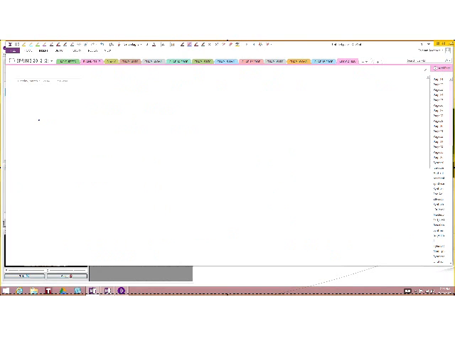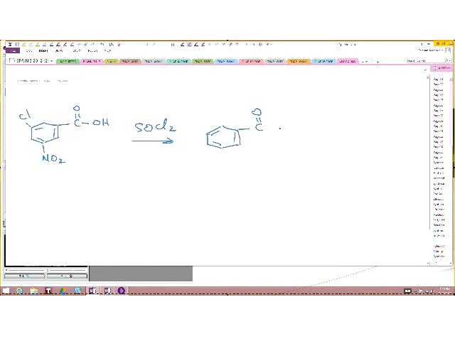Now, supposing I have this one here. I take this acid, and then of course I get this acid chloride. So we start with this here.